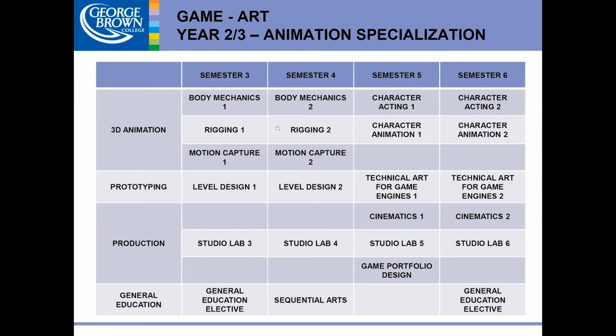And students also have some technical courses. So for example, rigging is the process of creating a digital skeleton for your character so that you can later move it. Our students will have an opportunity to use motion capture technology, and we have 3 motion capture systems on campus.